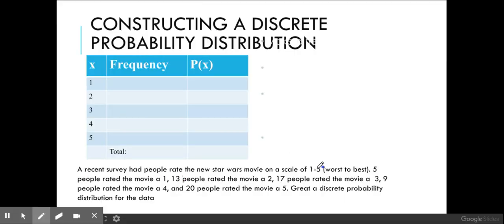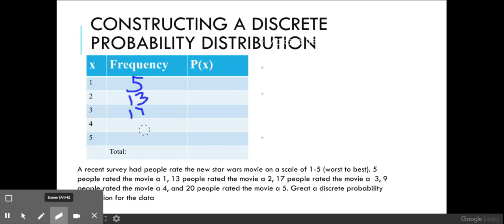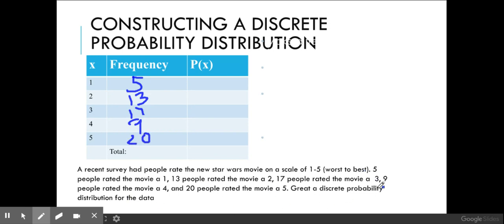So here I have X is 1, 2, 3, 4, 5 because it says a recent survey had people rate the new Star Wars movie on a scale of 1 to 5, worst to best. 5 people rated the movie a 1, so that would be my frequency for 1. 13 people rated the movie a 2. 17 people rated the movie a 3. 9 people rated the movie a 4. And 20 people rated the movie a 5. Create a discrete probability distribution of the data.